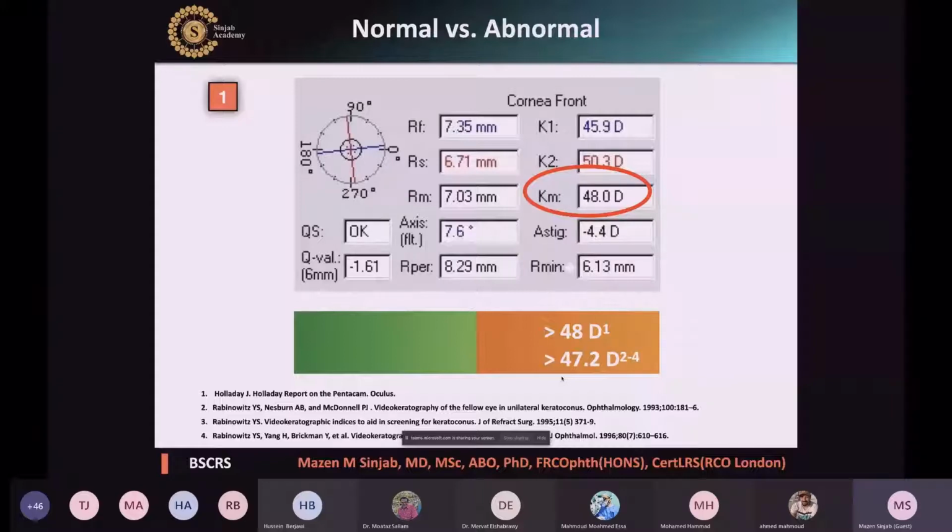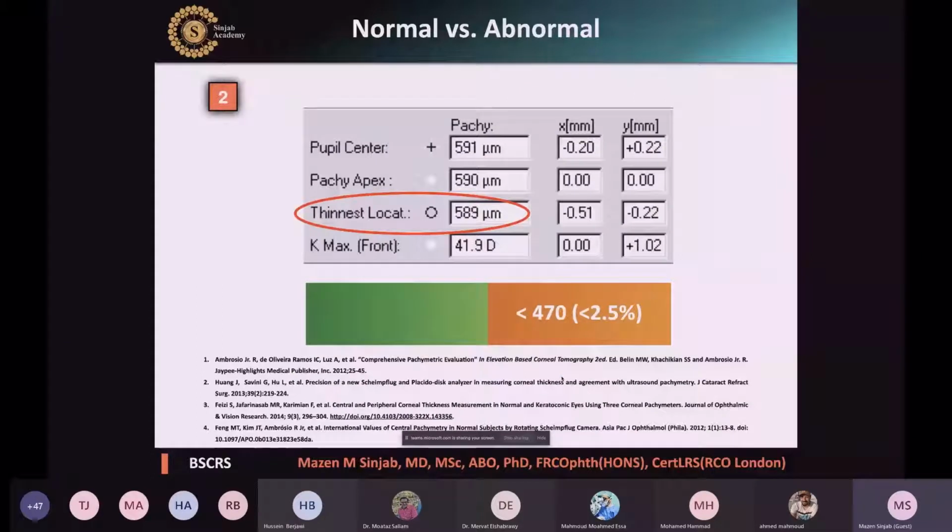If it is more than 48 in the Pentacam, according to Halliday, or 47.2 in Placido-based devices, according to Rabinovich, then it is considered abnormal. We come to the thinnest location. If the thinnest location is less than 470 microns, it is considered abnormal, because less than 2.5% of the normal population have less than 470 microns at the thinnest location.